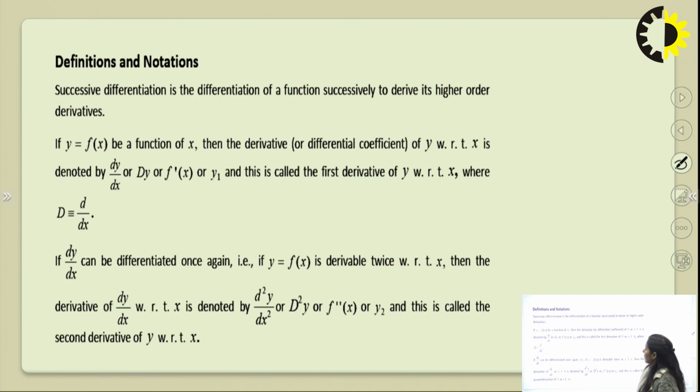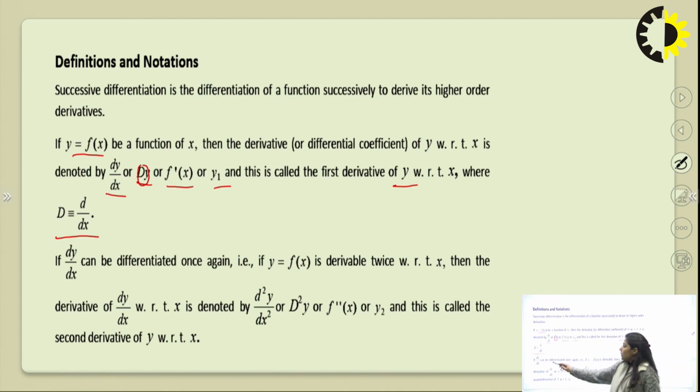If y equals f(x) is a function, then the first derivative of y with respect to x will be denoted by dy by dx, or by capital D y, or f dash x, or y1. This is called the first derivative of y with respect to x, and here capital D is equivalent to d upon dx.